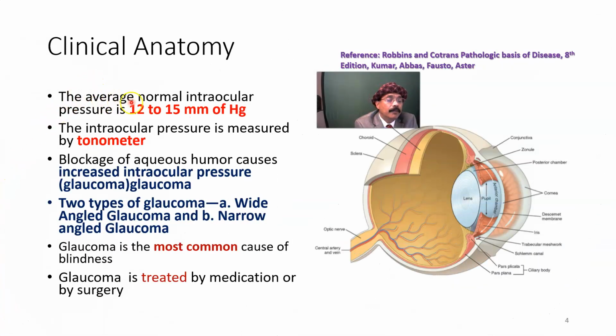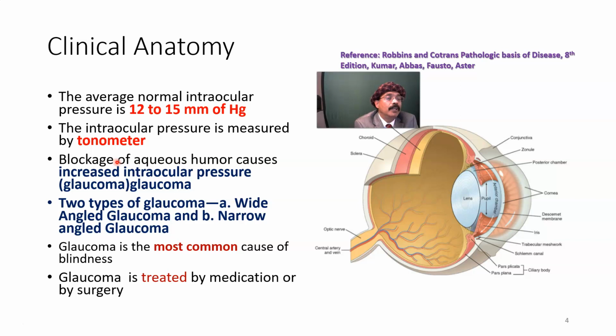The average normal intraocular pressure is 12 to 15 millimeters of mercury. Intraocular pressure is measured by tonometer. But where a tonometer is not available, a lot of general ophthalmologists can assess the intraocular pressure by palpation over the eyelid.